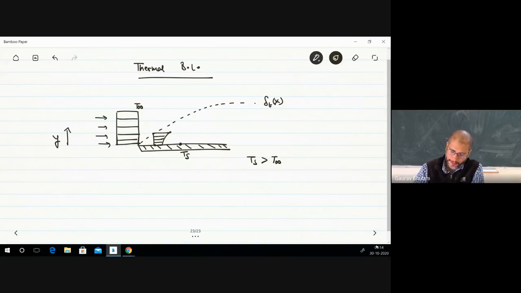As we move further from left to right, just as we had in our velocity boundary layer, we see that the fluid gets a longer distance to go from Ts to T infinity. What that means is that the gradients we'll see will be lesser as we go from left to right. This time we're talking about the gradient of temperature, and that too on the surface.